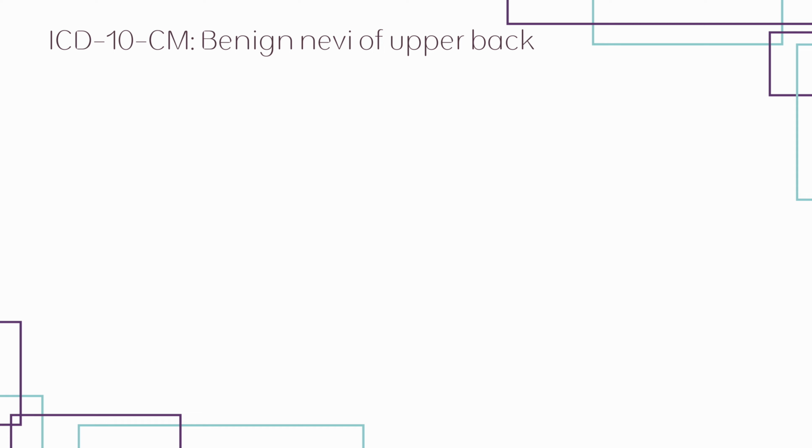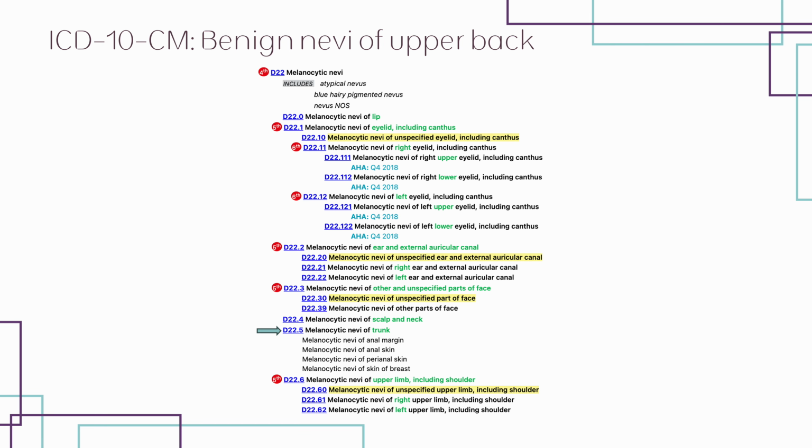If we remember from the alphabetic index, the next code for the nevus of the upper back is D22.5. So D22.5 states that this is of the trunk. The trunk is the central part of the body, and that includes the chest and the back.